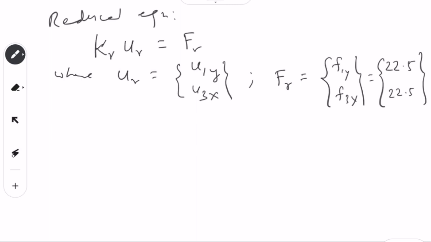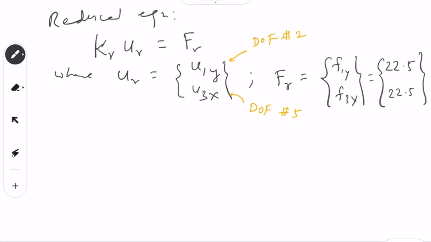This corresponds to degree of freedom number 2 and degree of freedom number 5.